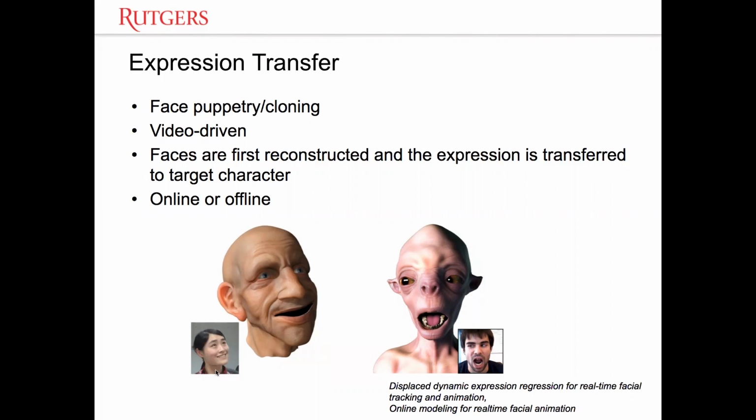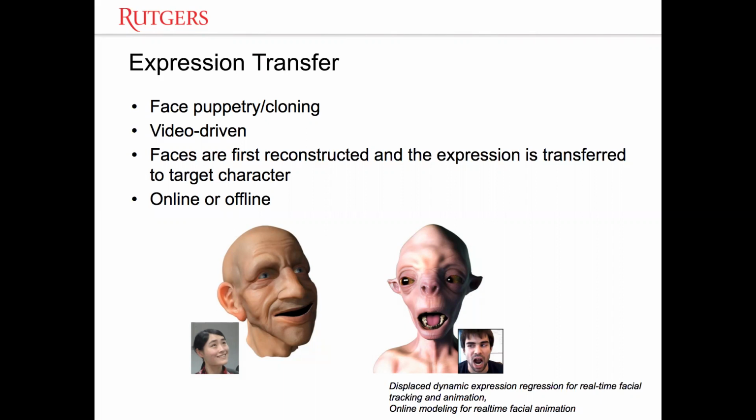Once this is reconstructed, we have the weights for the morphable model, and those principal components will be mapped in advance to the blend shapes of these digital characters, so that you can do expression transfer or have your digital character do the same expression as your input source.